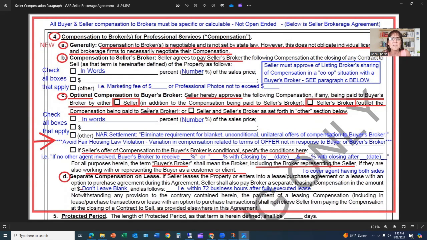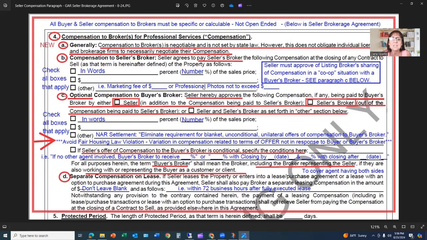You have to put in, for example, always check with your own broker for what is acceptable by the broker who holds your license. But for example, for illustrative purposes, a marketing fee of X amount of dollars, or compensation to seller's broker, professional photos not to exceed X amount of dollars.